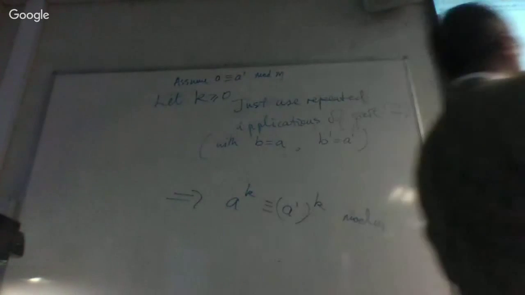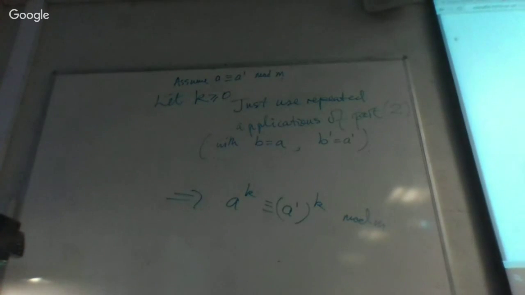So it's the special case of number 2, where b is equal to a and b prime is equal to a prime. Because then number 2 says a squared is congruent to a prime squared. Just repeat the application of that to get a cubed is congruent to a prime cubed. And then a to the power 4 is congruent to a prime to the power 4.